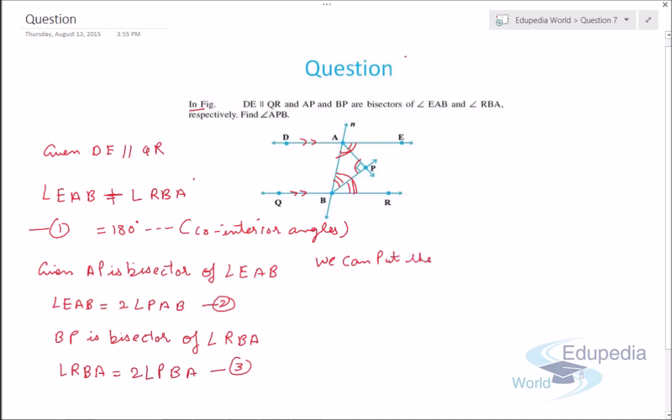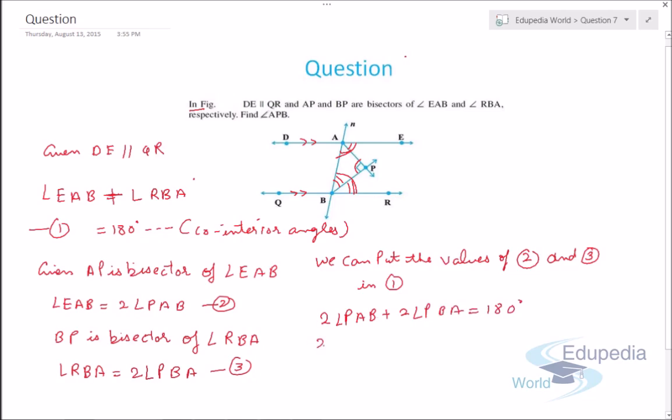Now what we can do is put the values of 2 and 3 in 1. So what we get is 2 times angle PAB plus 2 times angle PBA is 180 degrees.